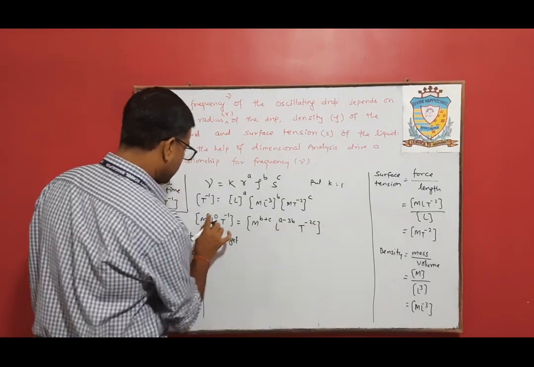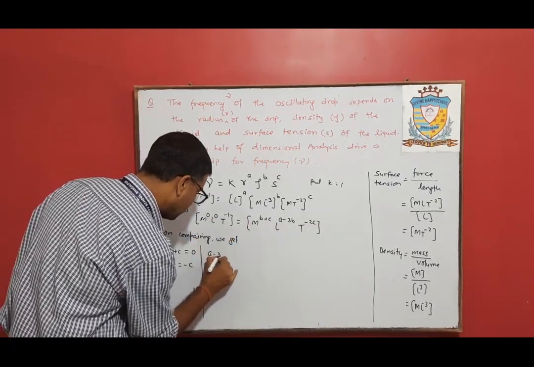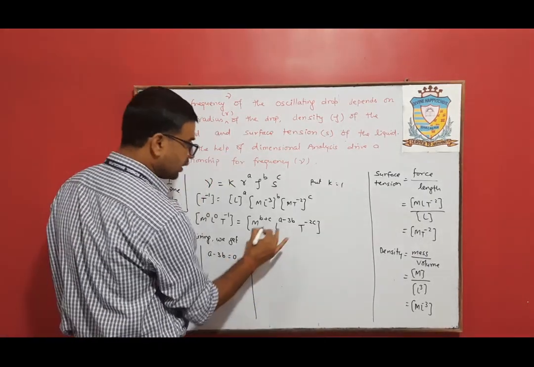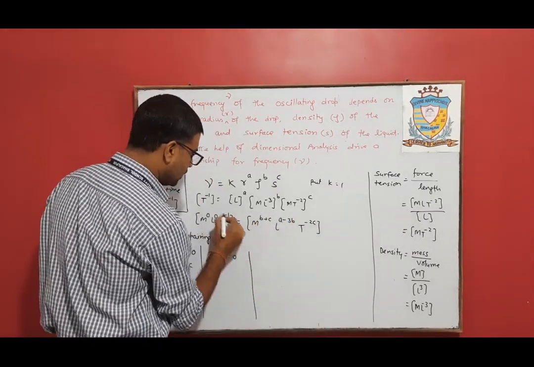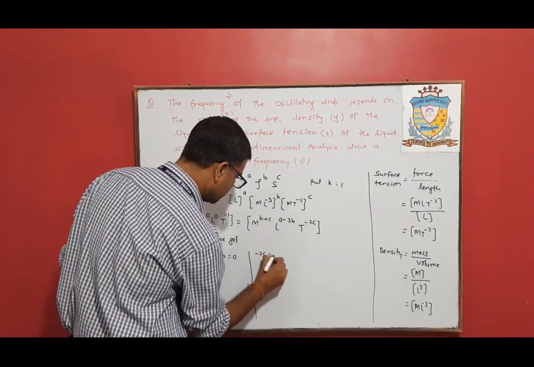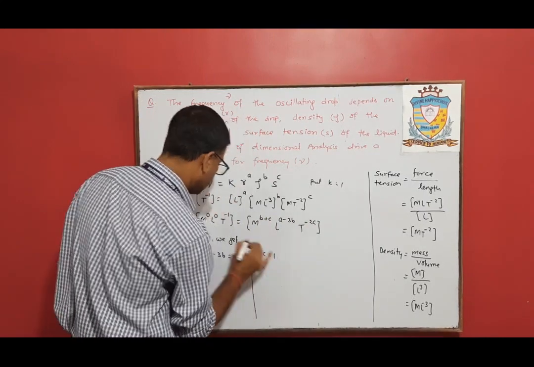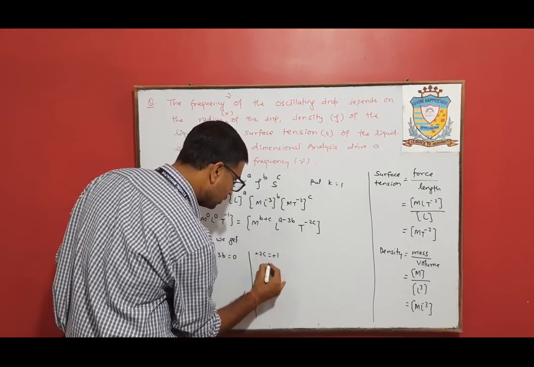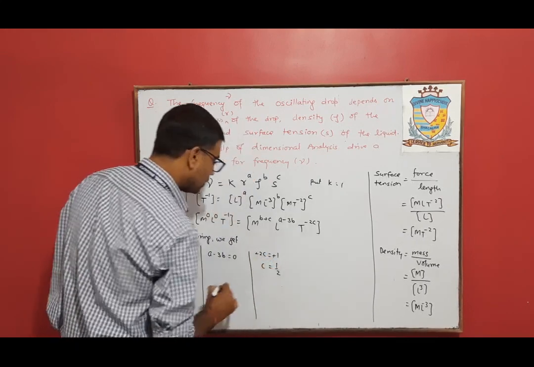A minus 3b is equal to 0. So a minus 3b is equal to 0. In third part we have minus 2c is equal to 1. Sorry, minus 1. Minus 1, cancel out. So c is equal to 1 by 2.